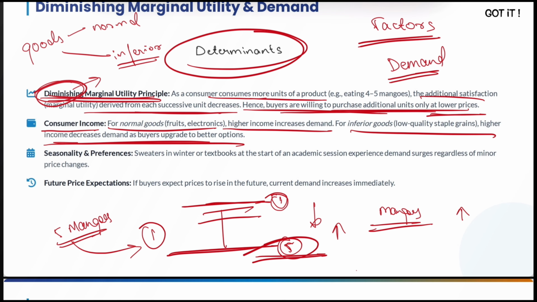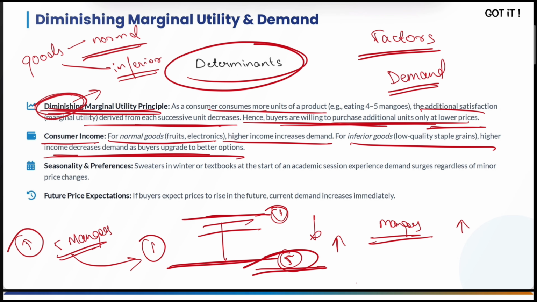So for example, if your income has increased, then what will happen? You will tend to buy the normal, proper quality goods. But if your income has reduced, then you would go for inferior quality, because your income is less and you want to reduce your expenditure.